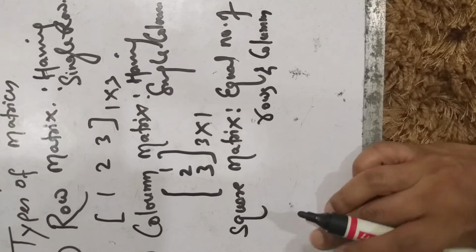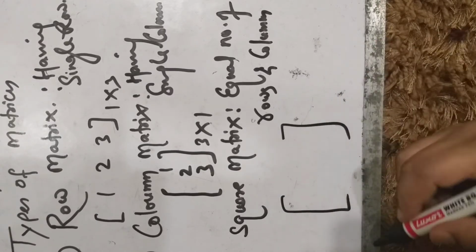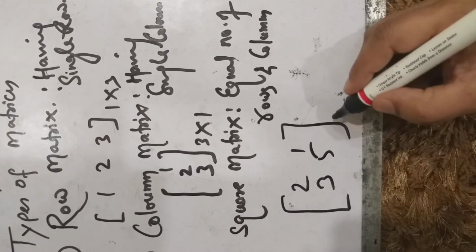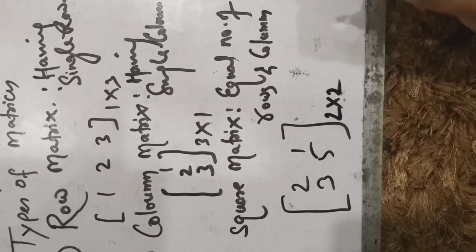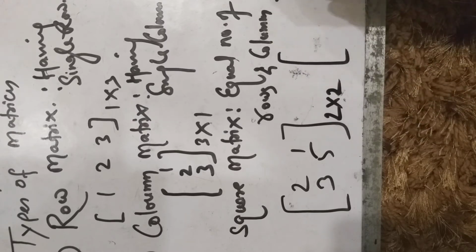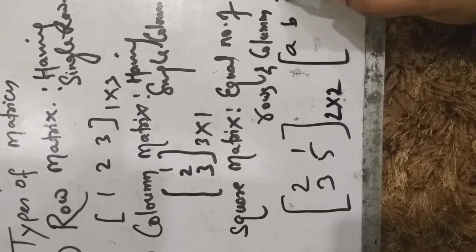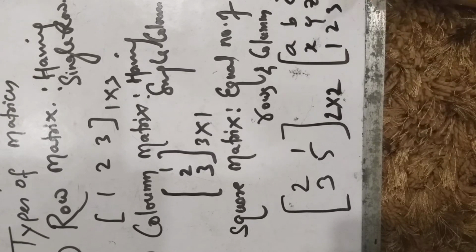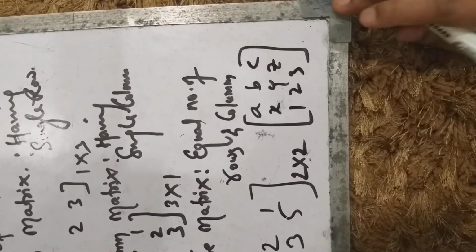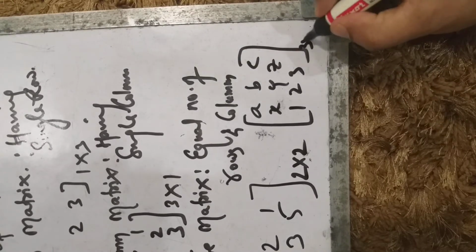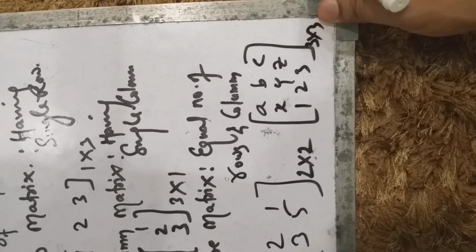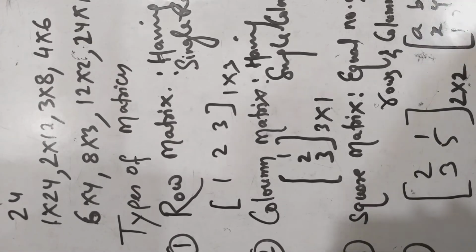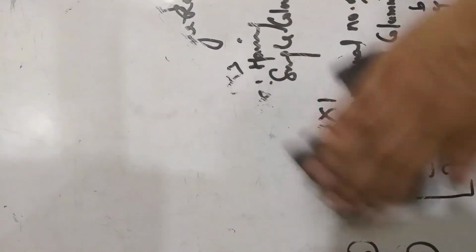If you want to see an example, say 2 1 3 5. This is a matrix which has 2 rows and 2 columns. There can be one example of 3 cross 3 also: A B C, X Y Z, 1 2 3. This is a matrix which has 3 rows and 3 columns, so it is 3 cross 3 and it's a square matrix. Fine. So let us go to some other type, students.